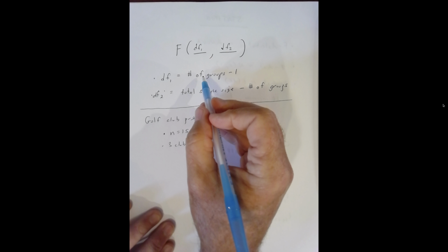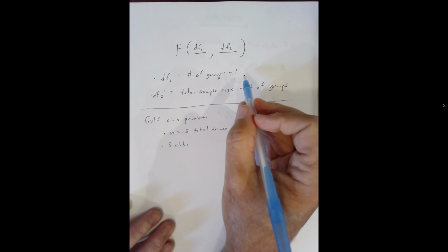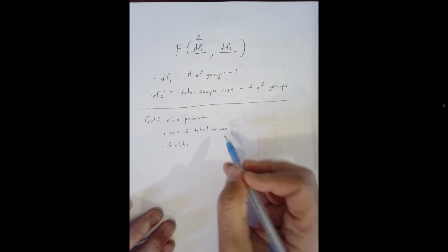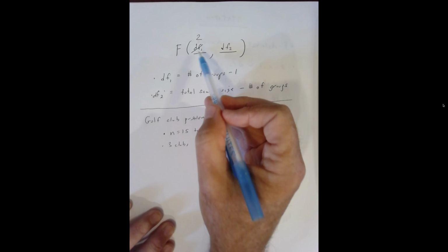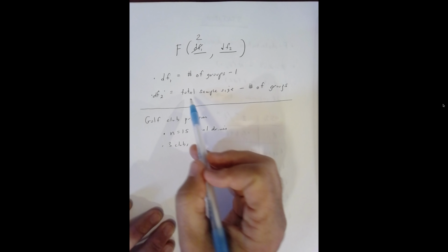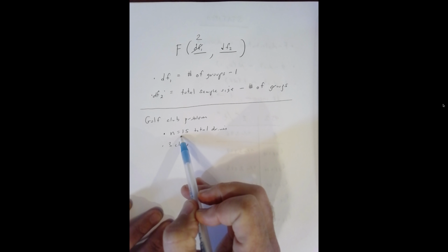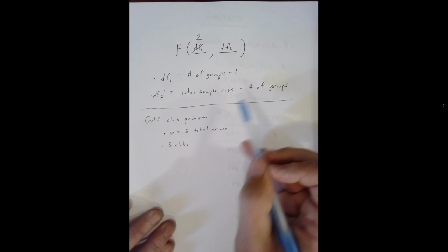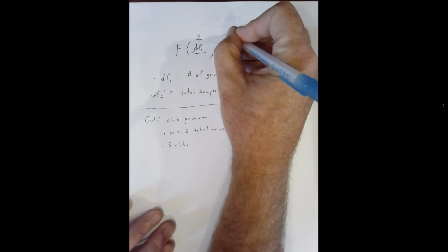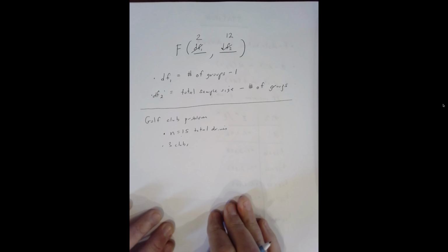So our degrees of freedom 1 would be the number of groups, which is 3, minus 1, which gives us 2. Our degree of freedom 2 is the total sample size, which was 15. Remember, we had 5 drives with club 1, 5 with club 2, 5 with club 3, right? So we had 15 total sample size minus 3 clubs. So our degree of freedom 2 would be 12.